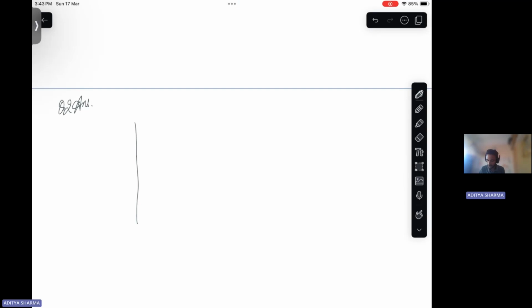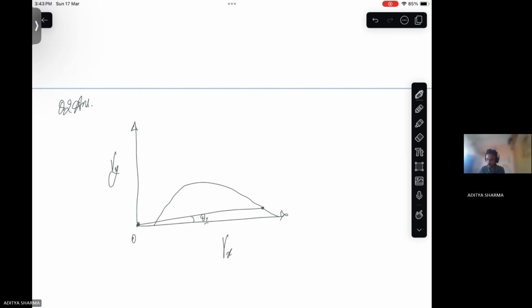So if I draw a shock polar, this is our origin, right? The question has asked about the x point. This is the very small theta value, theta 1.